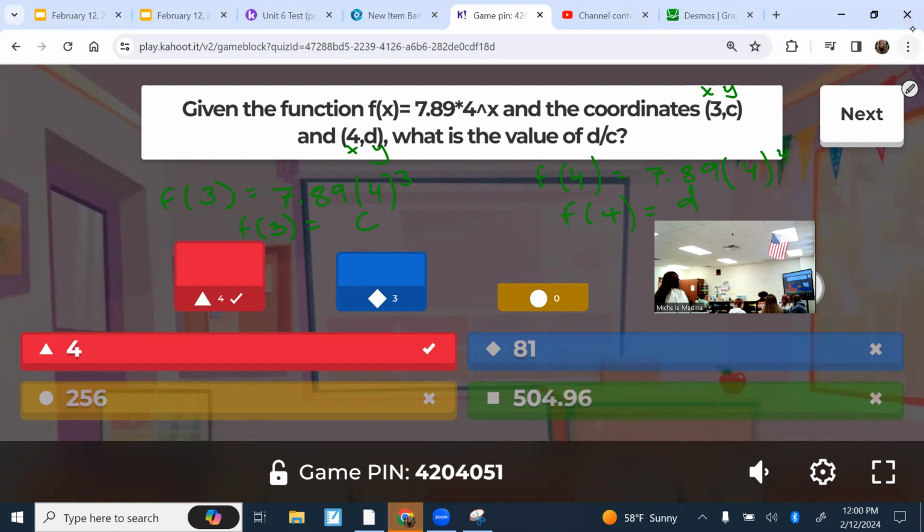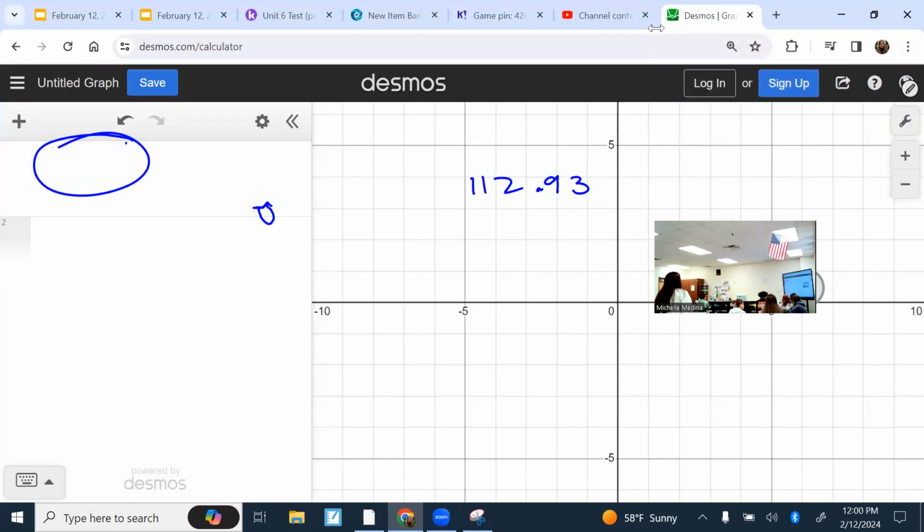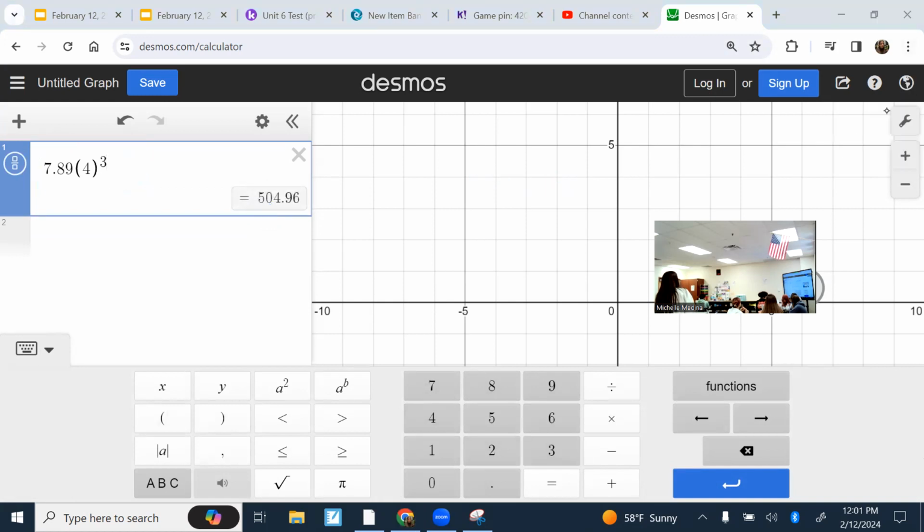I'm gonna go back to the calculator now. So 7.89 times 4 to the third. Now remind me, when I plug in 3, did I get C or D? C. That comes from rereading the problem.